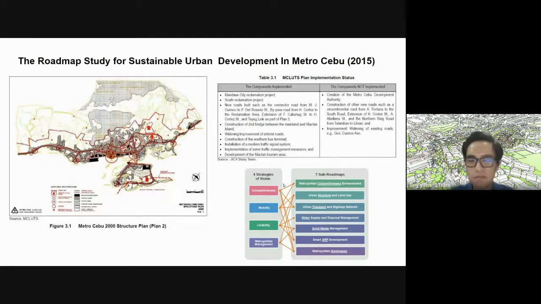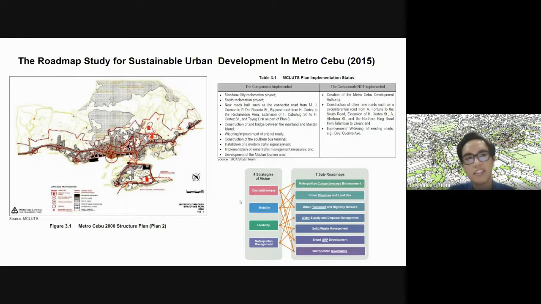Okay, four visions and strategies for the roadmap study for sustainable development in urban Cebu: competitiveness, mobility, livability, and metropolitan management. These kinds of visions are very good if you keep them simple, like a single word. We've seen these types of goals at the national level.